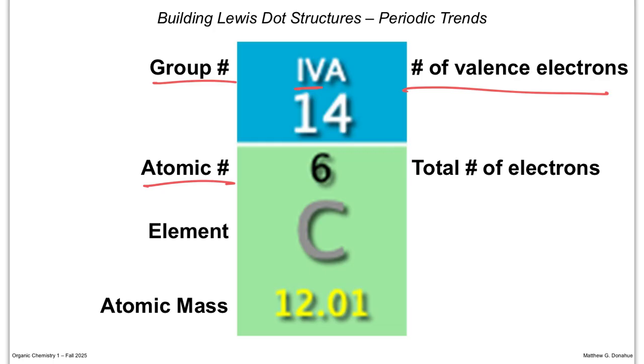And the reason that's important is because of the 6 electrons total, only 4 of them are used in bonding. What are the other 2 called? What do you think? Core electrons. The core electrons, if you remember from electron configurations, those kind of go back up into the prior period, and they're called the noble gas configuration. So the 6 minus the 4 is 2. Those 2 are not used in bonding.